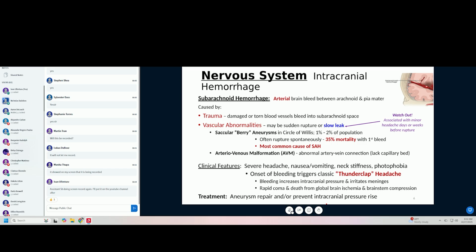As that bleeding starts to occur in that space, it's going to increase the pressure. It's going to irritate those meninges, and when we increase the pressure in our brain and we don't do anything to relieve it, then what's going to happen? It's going to be hard for blood to flow into the brain because that pressure is too high. So people can develop brain ischemia.